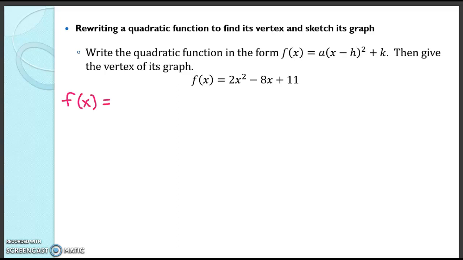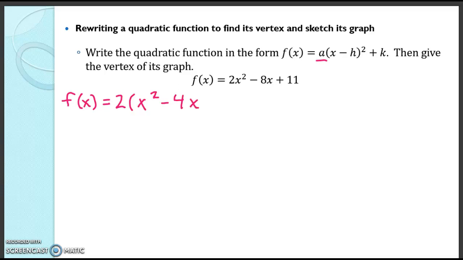And we can see that's going to become our a. So factoring out a 2, it'd be 2 times x squared minus 4x.